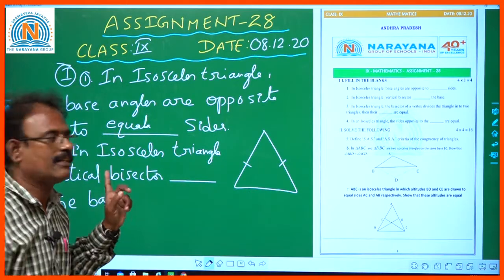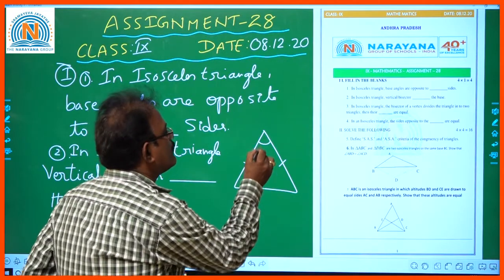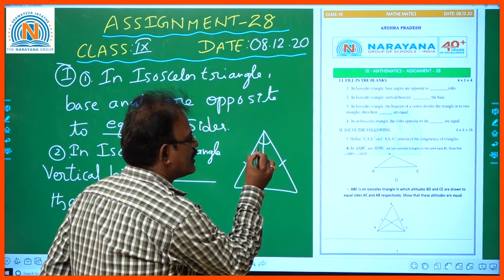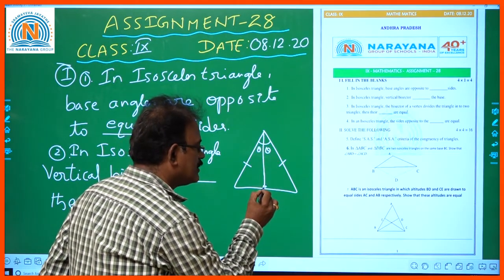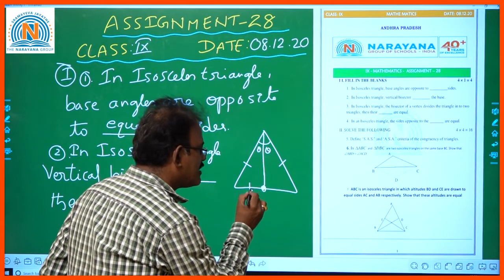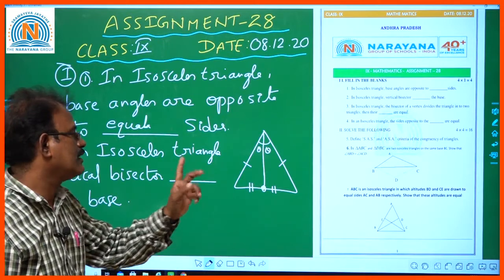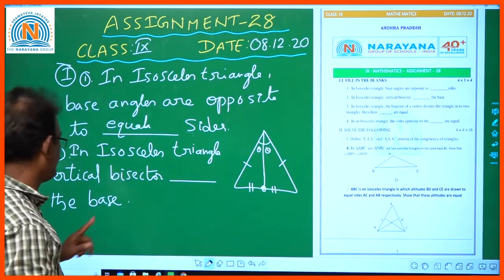Vertical bisector means if the angle is 40 degrees and you draw a bisector, say 20 degrees like theta, that vertical bisector divides the opposite side into two equal parts. Therefore, the vertical bisector bisects the base.